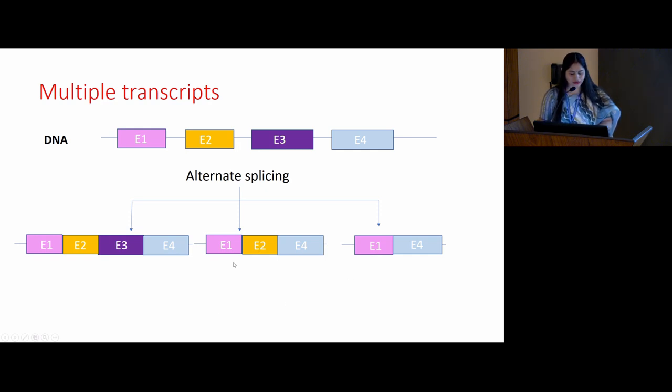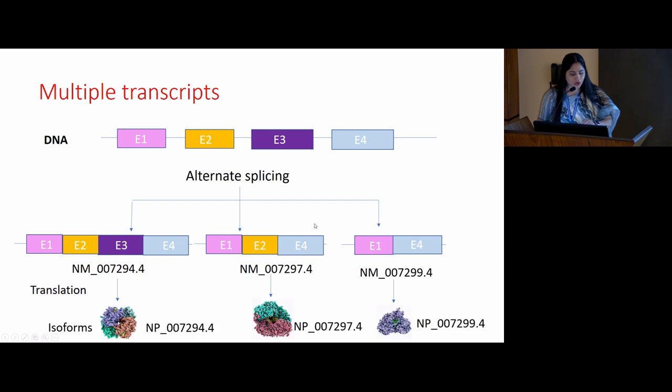That is why we have different transcripts, and according to the transcripts, different names are given to them. Similarly, when these undergo translation, they will code for different isoforms of proteins. That is why we have different transcripts in the literature.